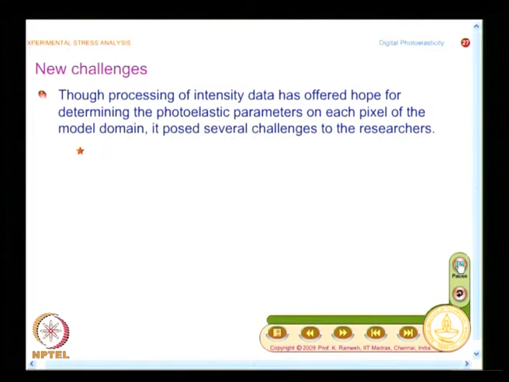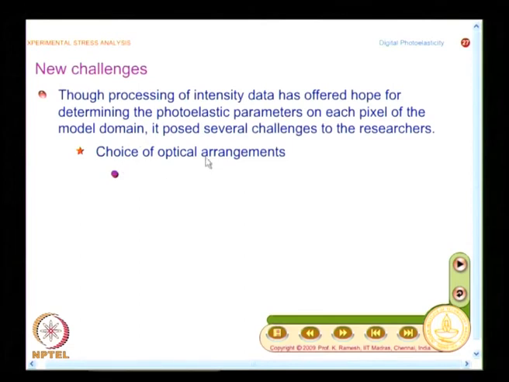Though processing of intensity data has offered hope for determining the photoelastic parameters on each pixel of the model domain, that is the focus. We want to find out the whole field information.